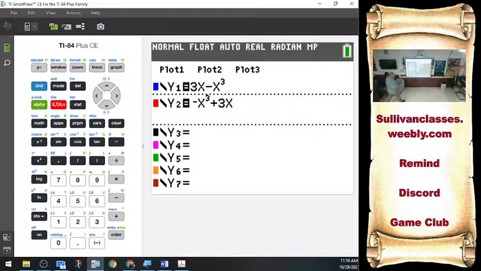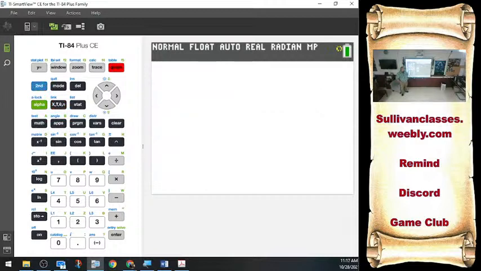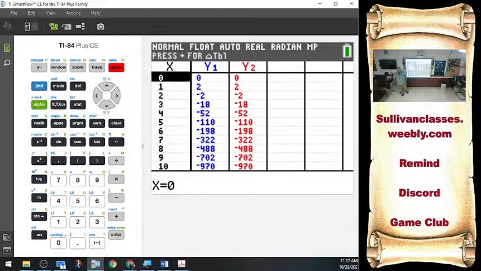If I plug in -1 for x in this versus in this, will I get a different answer? No. So they should be the same thing, and I can prove it by going to my table. They're the same. But that's a really good question. If we're writing out an equation, we usually want to put it in standard form. If you're just jamming something in a calculator, that is not necessary.